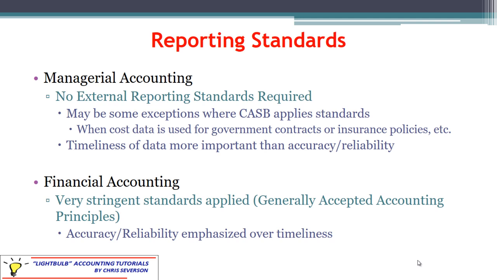Now, the CASB may be used in some situations where there's a government contract that's based on cost, or if there's an insurance policy reimbursing you for cost. In those situations, they're not willing to just rely on management's information themselves on cost. They want to make sure certain standards have been applied. As you can imagine, management there would have an incentive to overstate cost if they're being reimbursed on cost. Therefore, we want to make sure that's accurate.